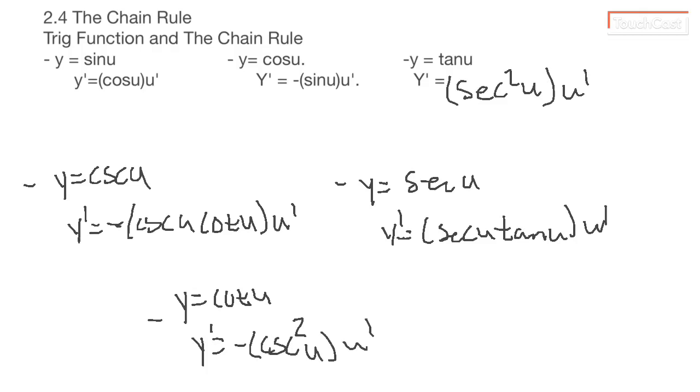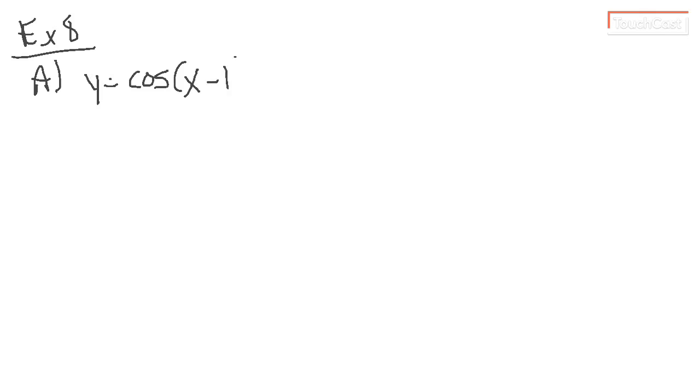So let's look at some examples. Example 8, we're going to have a few parts here. We're going to have 8a, where we will have y is equal to cosine x minus 1.